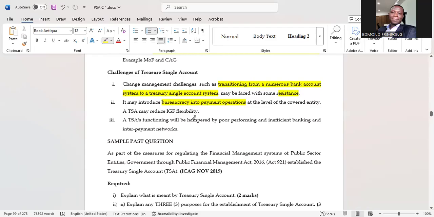Then a TSA will be hampered by poorly performing and inefficient banking and interpayment networks. That is very, very worth noting and important. All right.